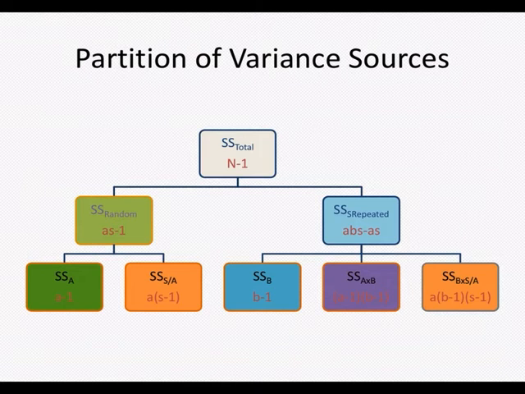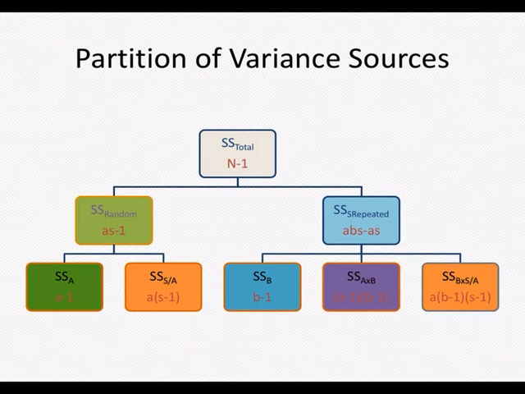So if it's psychodynamic, CBT, and control group, A will equal 3, and the degrees of freedom will be 3 minus 1, which is 2. And then for the error term, it's A times S minus 1, where S is the number of subjects in each group. So if we had 10 subjects in each group and 3 groups, it'll be 3 times 9, and that'll be 27.